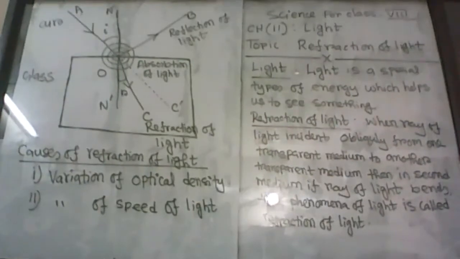When this density varies, this variation of density is observed by the light particle, and this is called optical density. So optical density means what? The density of any medium that is experienced by the light particle while passing through it is called optical density.